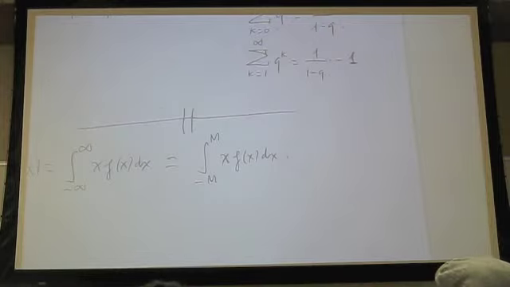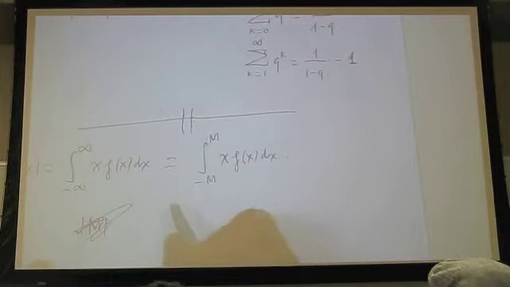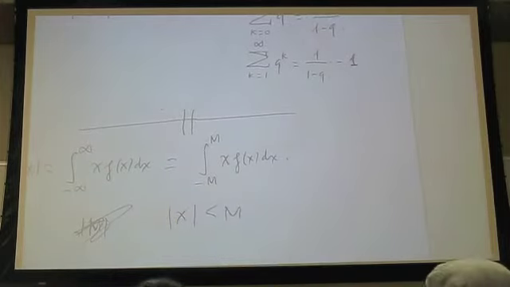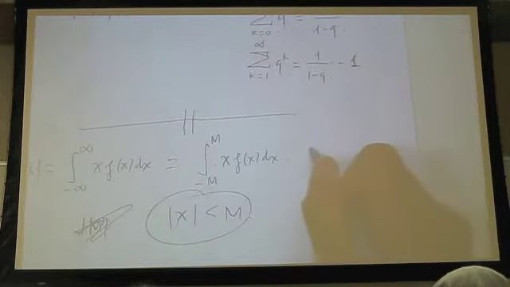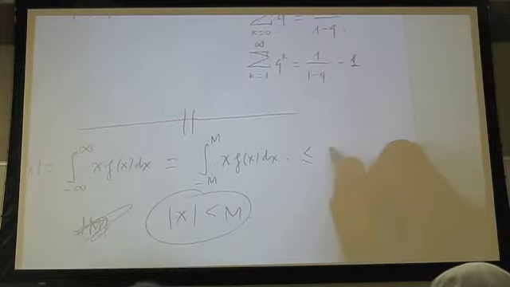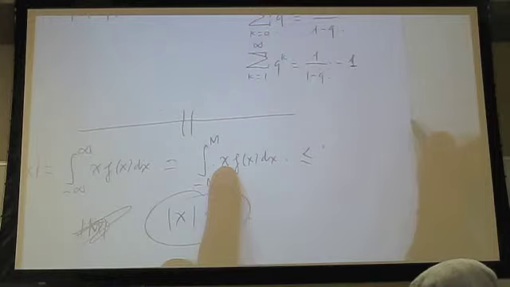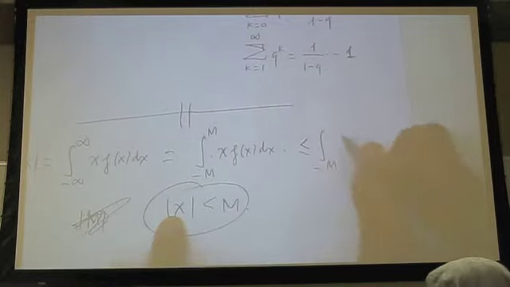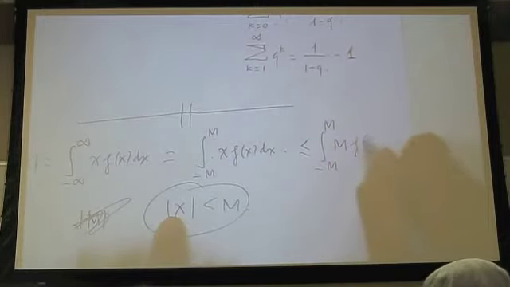Anybody dare to venture how to do it? Well, remember that they told me the absolute value of x is always less than m, correct? So, can I write this integral as being at most, since x cannot be bigger than m, the integral from negative m to m of m times f(x) dx?